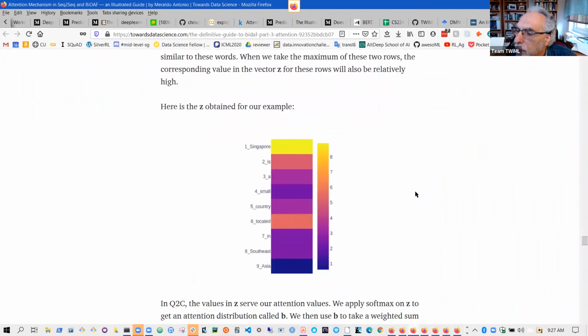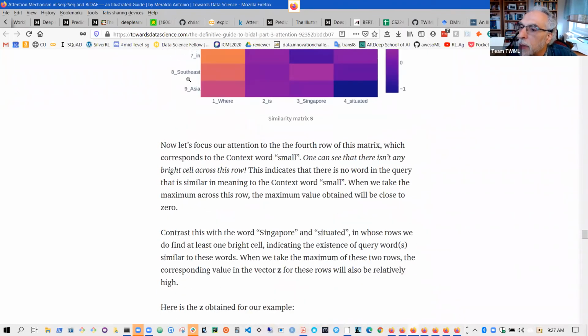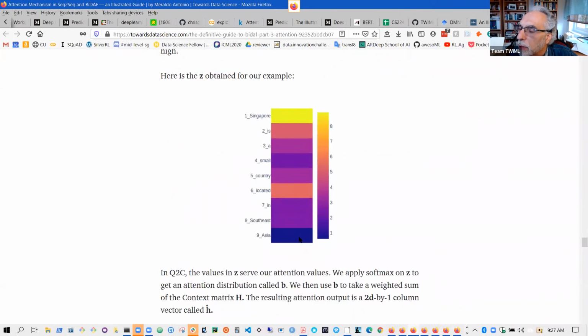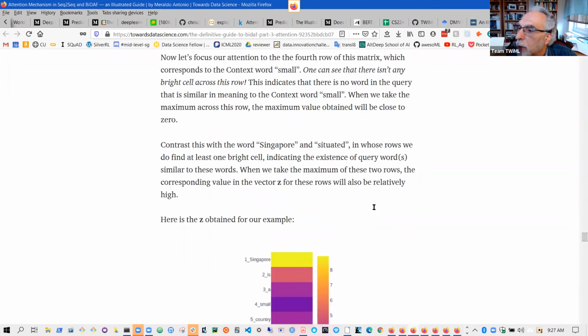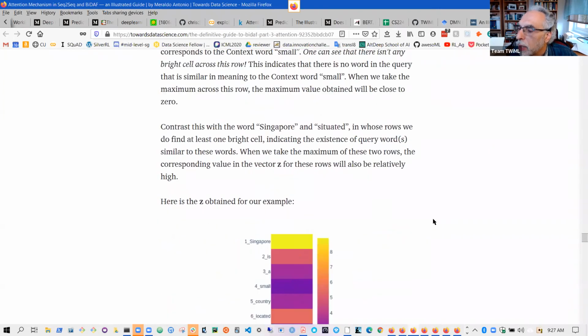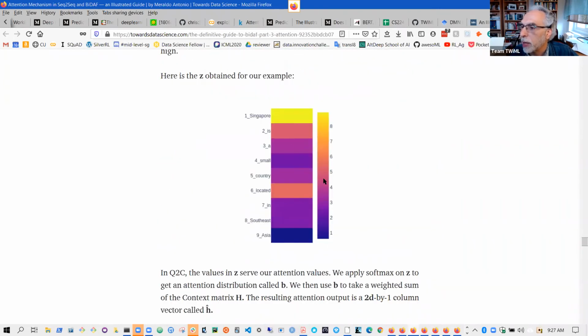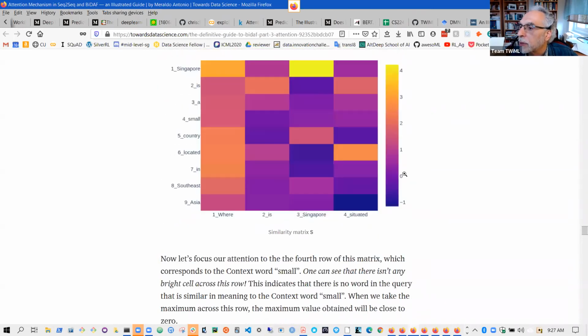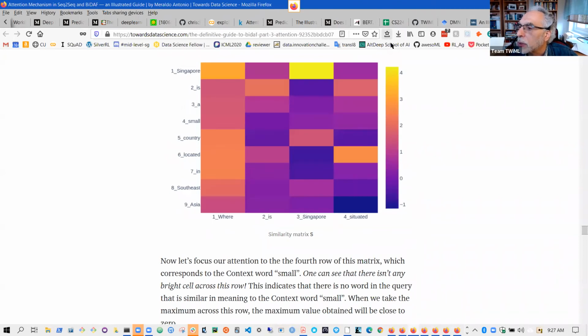Now I'm a little confused because the maximum in this row is not, oh, it's 1. It says 1. So the color scheme has changed here, I think. That's what we have to be aware of. Now the color scheme goes from 1 to 8, whereas here the color scheme goes from -1 to 4.